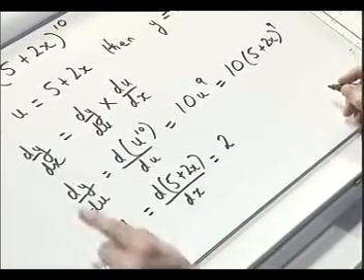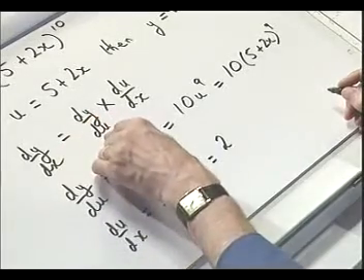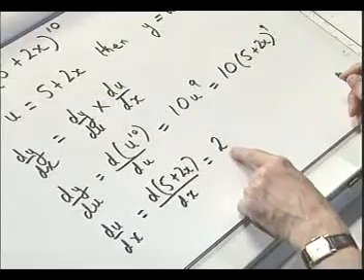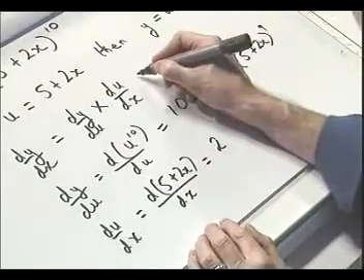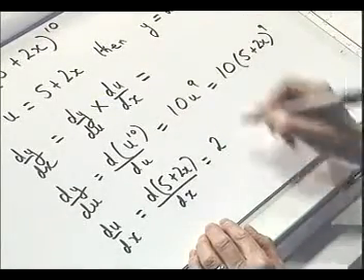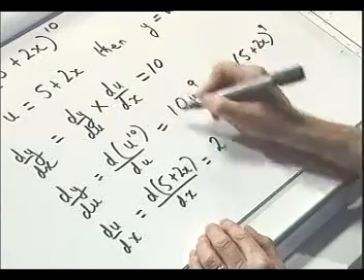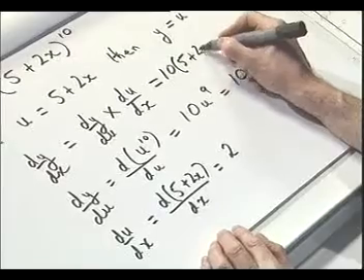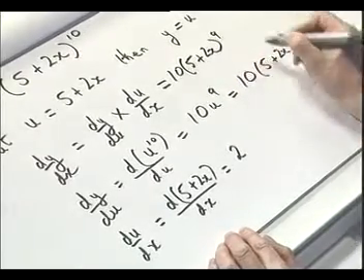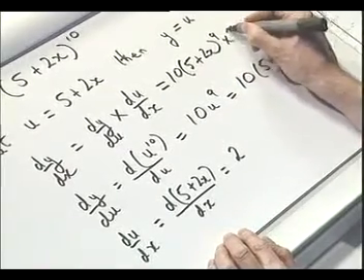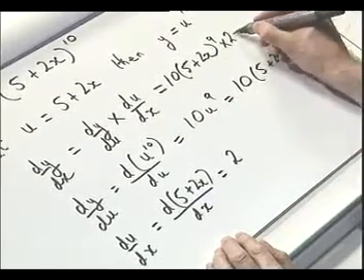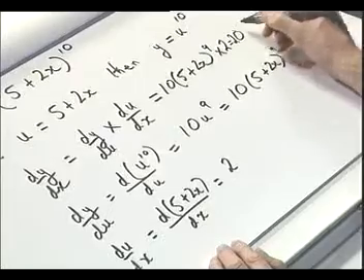So now we know what dy by du is, and we know what du by dx is. So we can write those in: 10 times 5 plus 2x to the 9 times 2, and of course the 2 times 10 gives us 20.